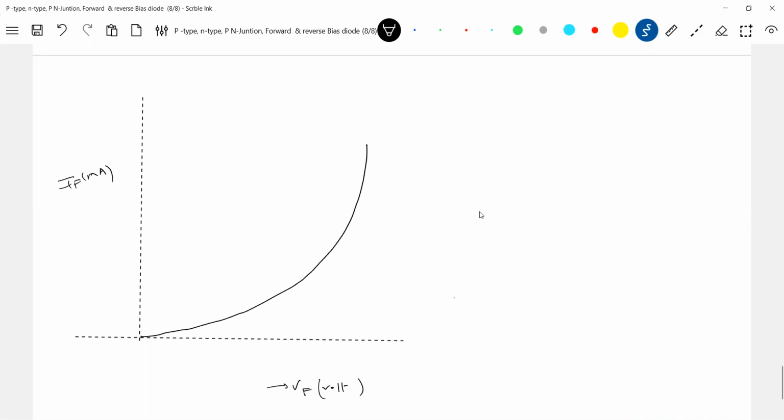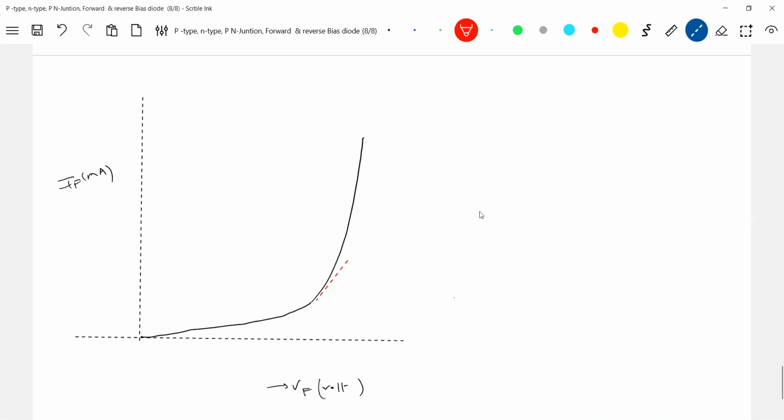Somewhere you can see there will be a sharp rise. Afterwards, it starts rising sharply. I'll draw a suitable curve. It should be like this. After this, there's a sharp rise.